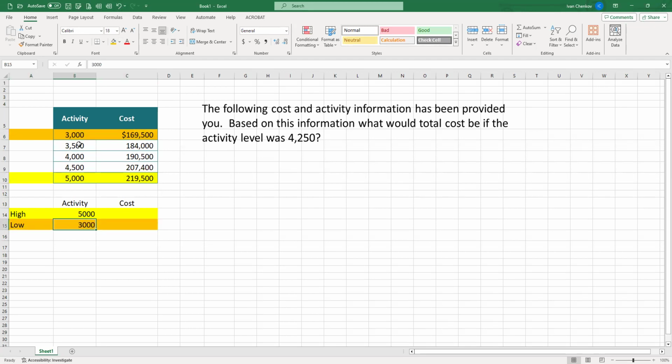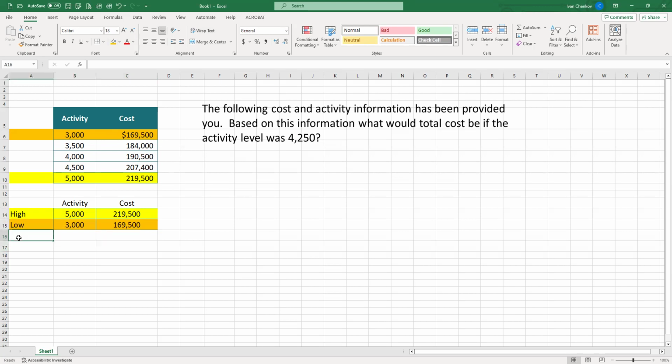That's our low. So the cost of the high level is that much, correct? And the cost in the low level is that much.